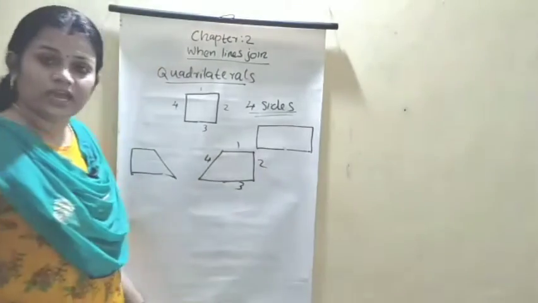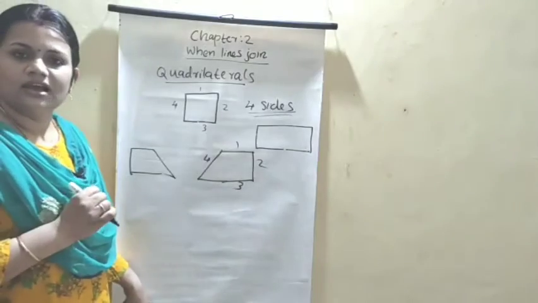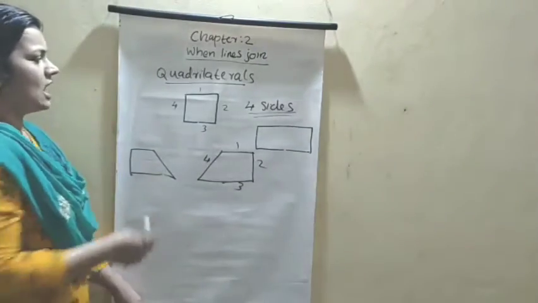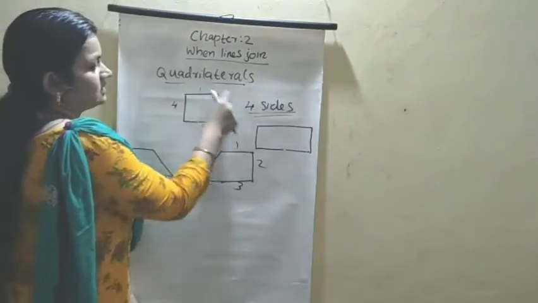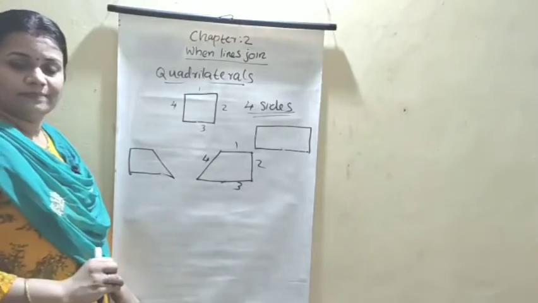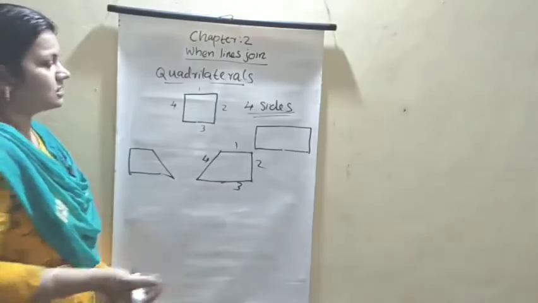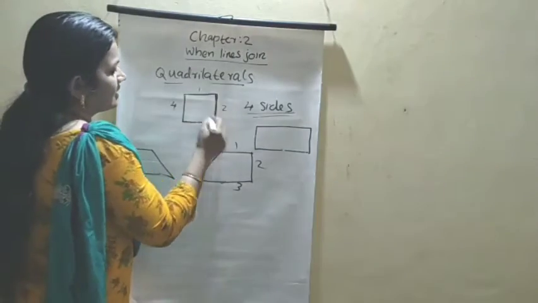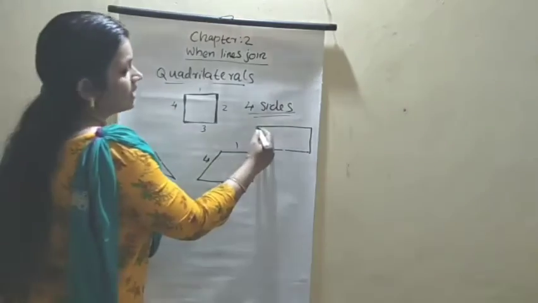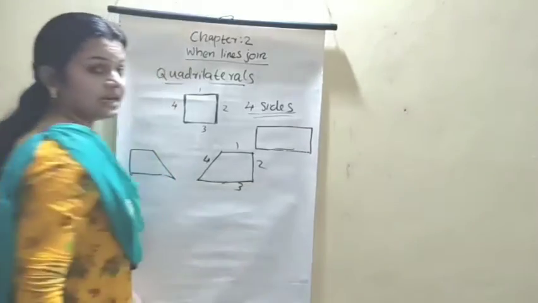The rectangle also is a quadrilateral. Understood all? Are these figures made with slanted lines or straight lines? These are all made with what? Straight lines.